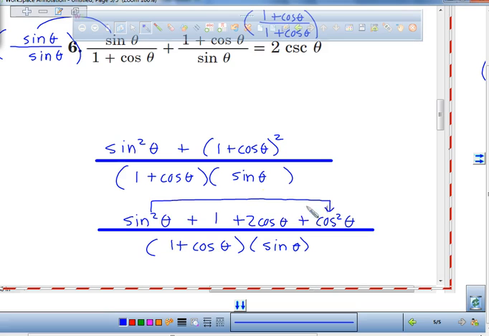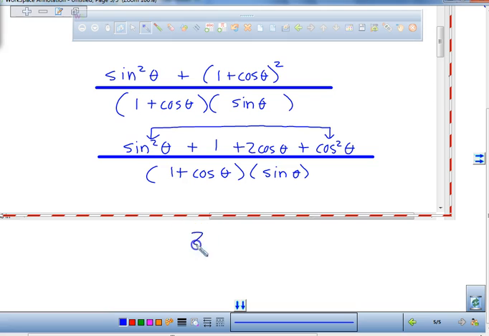So what does that add to? A 1. Is there another 1 already there? So 1 plus 1 is 2. So here we go. We're going to put 2 plus 2 cosine of theta over 1 plus cosine of theta times the sine of theta.